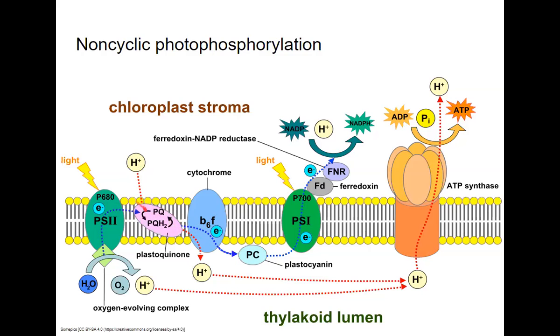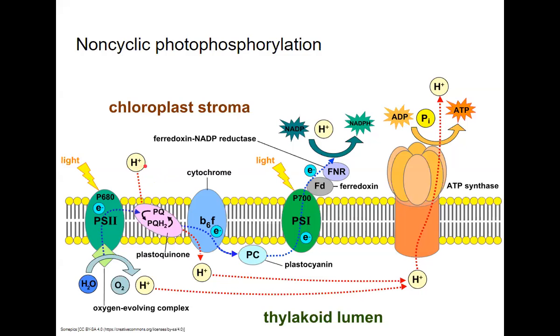And during that time, plastoquinone, while it has hold of that electron, is going to grab a proton from the stroma that's bathing it. Remember, that's an aqueous solution, so we have free protons available.